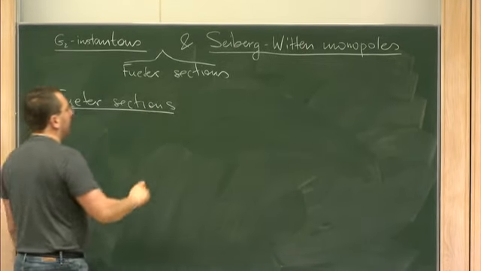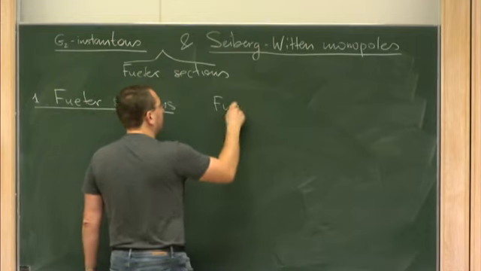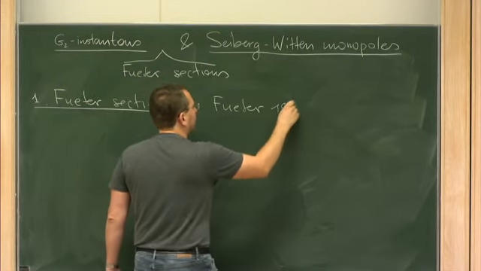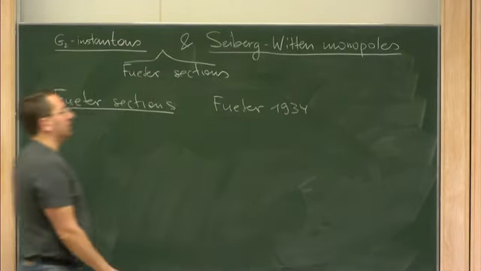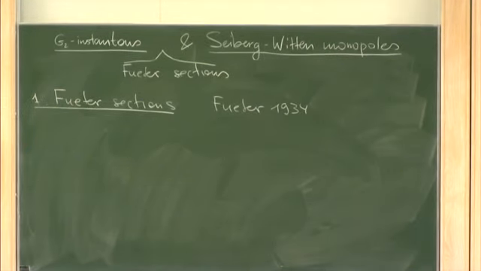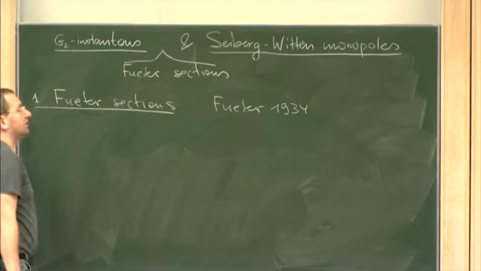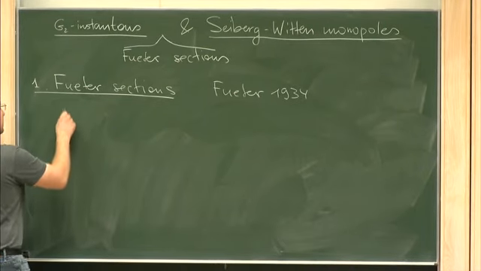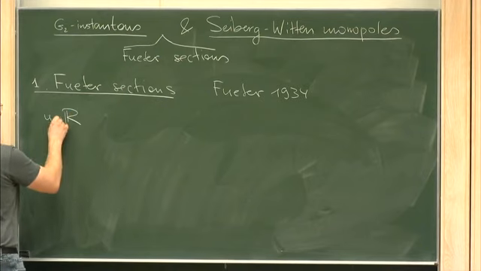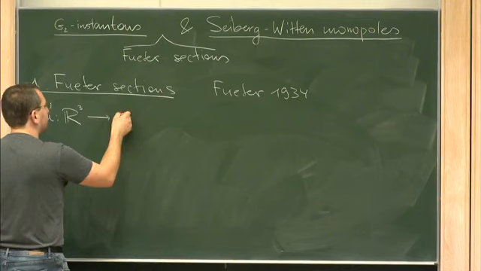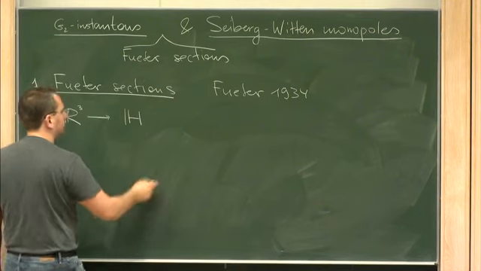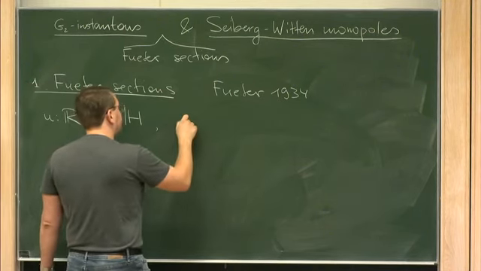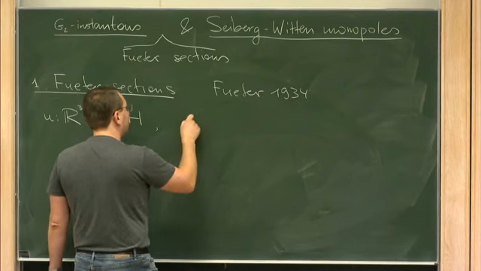So Fueter in 1934 tried to generalize complex analysis to the quaternionic setting, and what he came up with is the following version in 3 dimensions. So you consider a map U from R3 into quaternions, and you require that U satisfies the following equation.